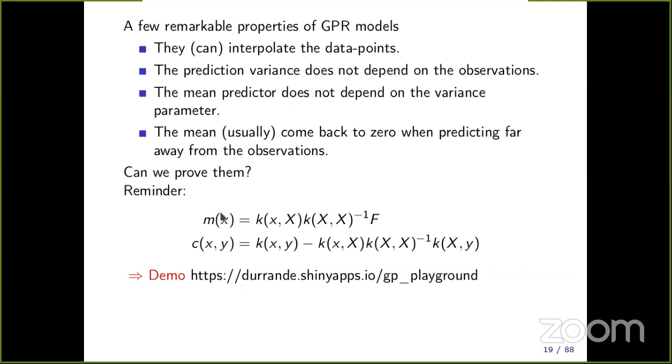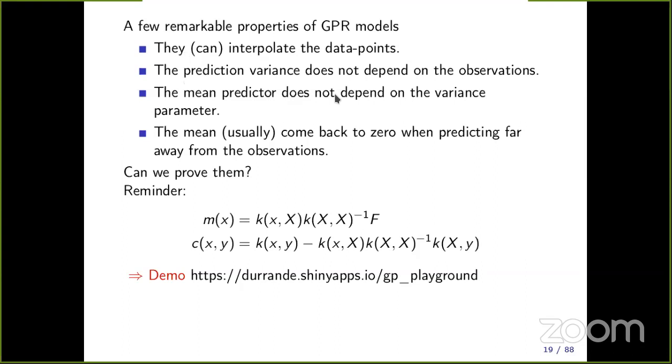So the predictions I'm going to make are going to be exactly the values I've observed. And similarly, if I do that for the variance, I'm going to find that this is 0. So they can interpolate the data points. If you don't want them to interpolate, we can use observation noise, as Rich was discussing earlier.